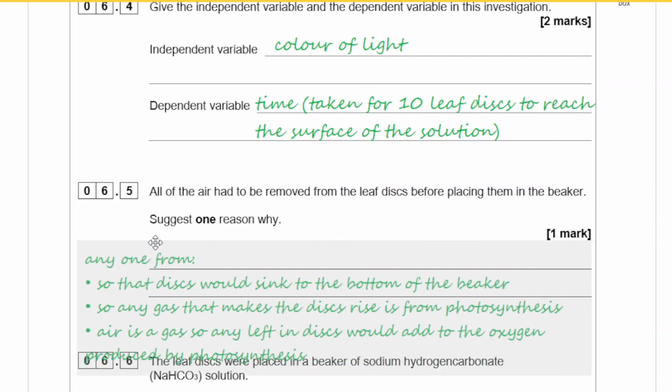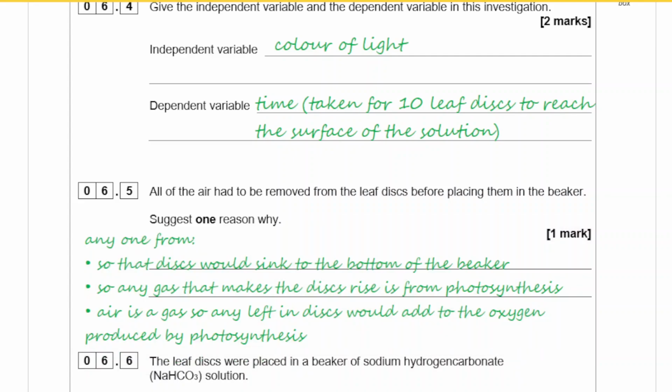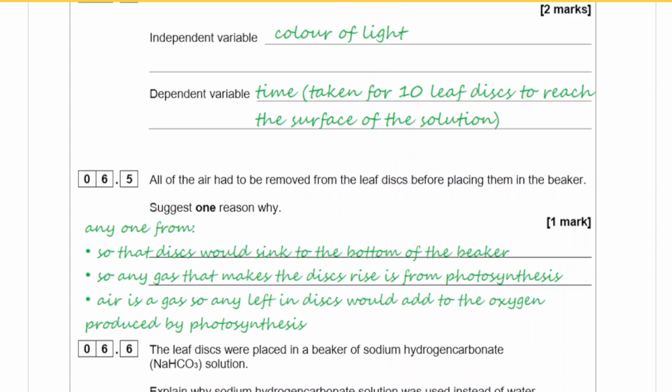So a typical answer is that the disc would sink to the bottom of the beaker. That would give you the mark. Or you could say any gas that makes the disc rise is from photosynthesis, or air is a gas, so any left in the disc would add to the oxygen produced by photosynthesis. I think the first option would be the best.